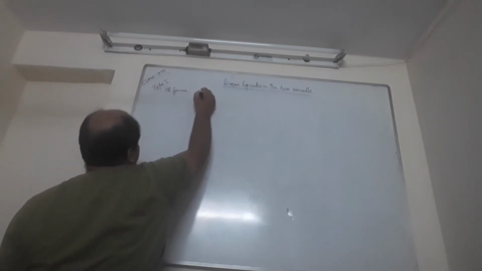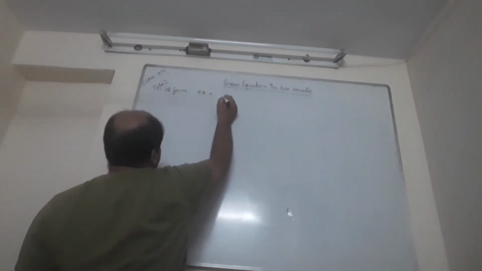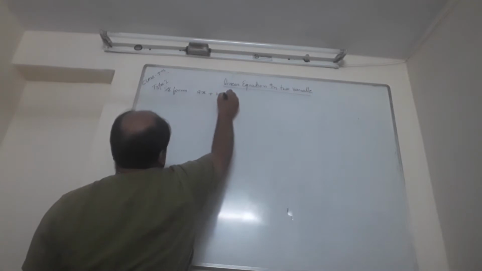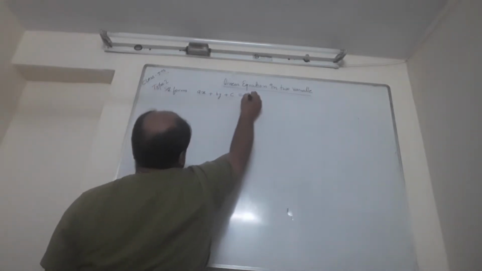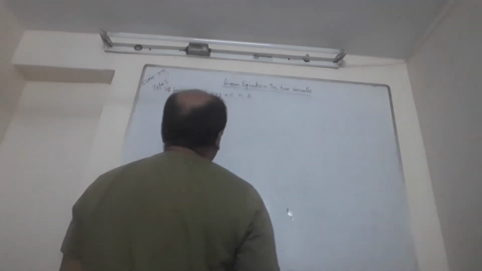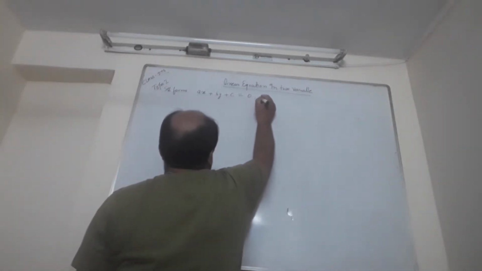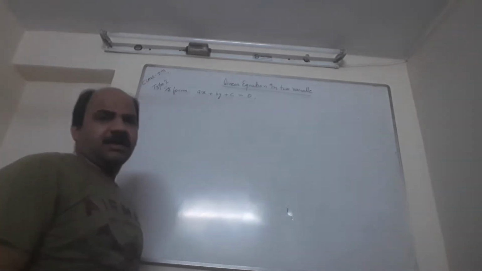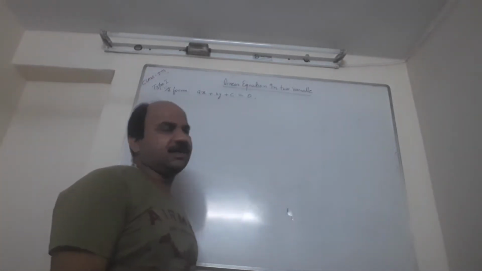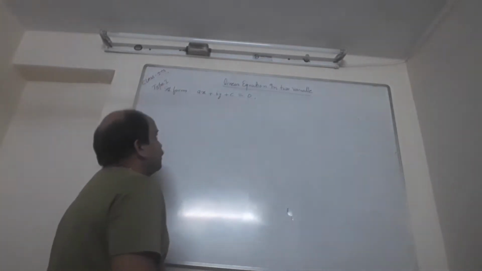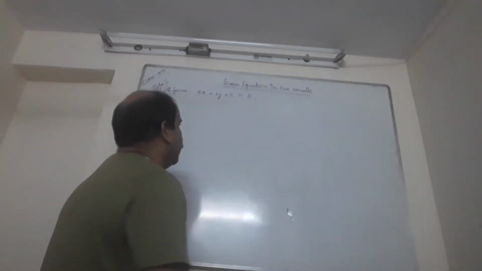The standard form of a linear equation in two variables is ax plus by plus c equal to 0, where a and b both cannot be 0, but either of a or b can be 0.